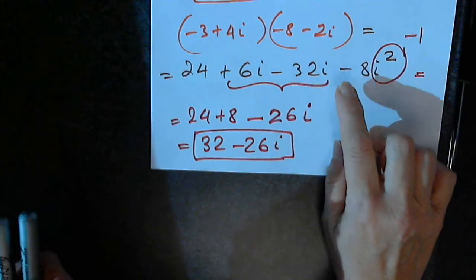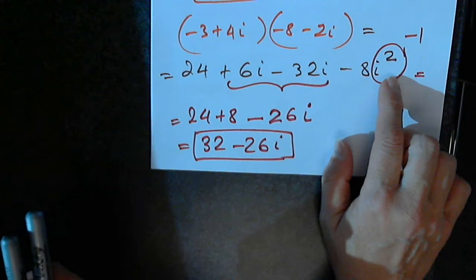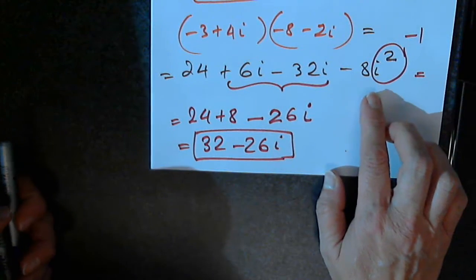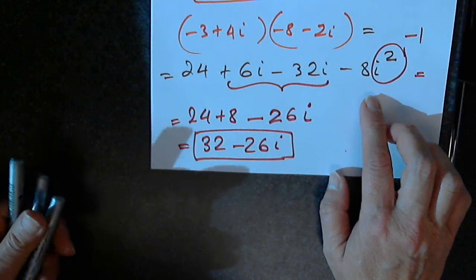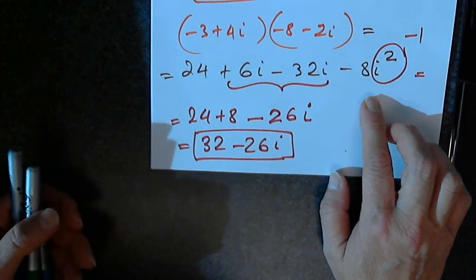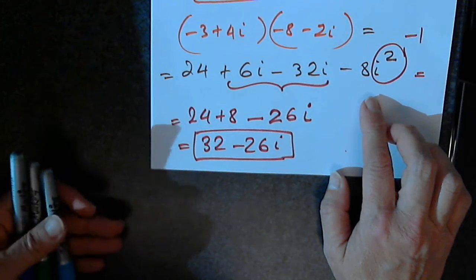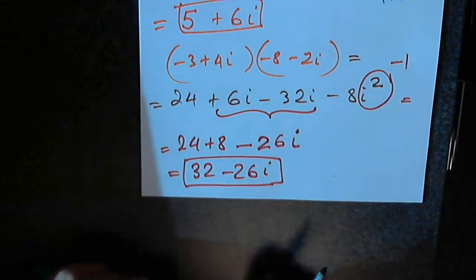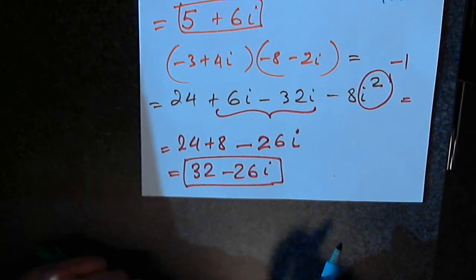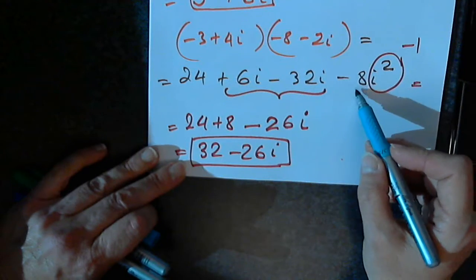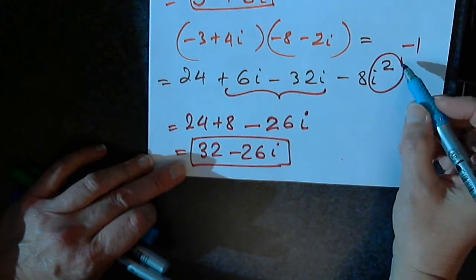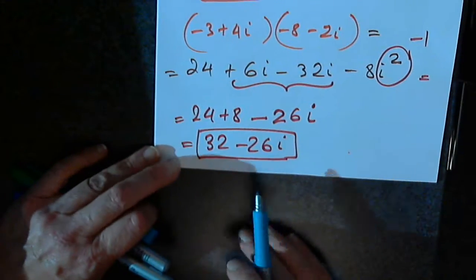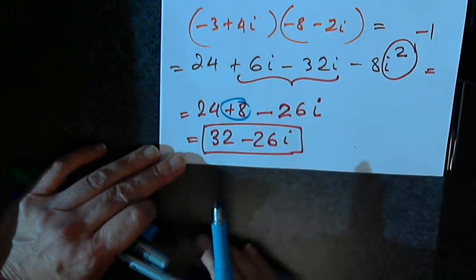What is the operation between negative 8 and i squared? If I say 4x, what is the operation between 4 and x? Perfect. So the same thing we have between negative 8 and i squared. So when I replace i squared by negative 1, all I have to do is multiply negative 1 by negative 8, and that's how I get the positive 8.